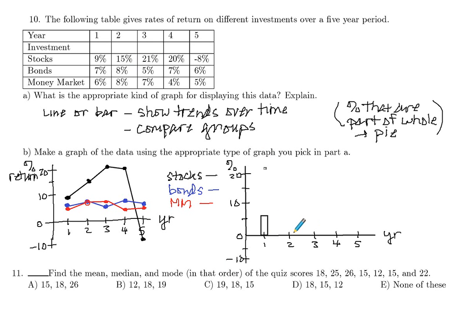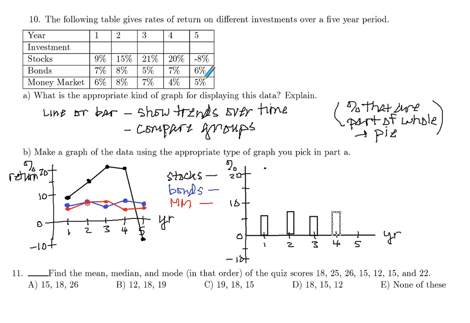And then 8%, just a little bit higher. It's not too bad. 5% in that third year. About right there. 7%, going up a little bit higher in that fourth year.